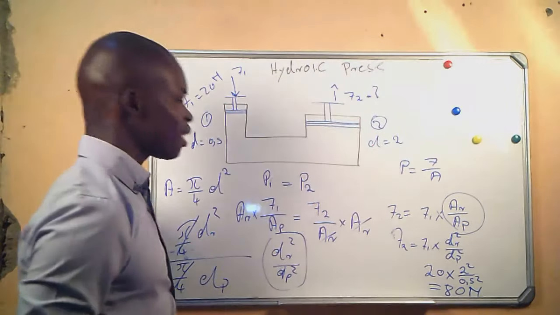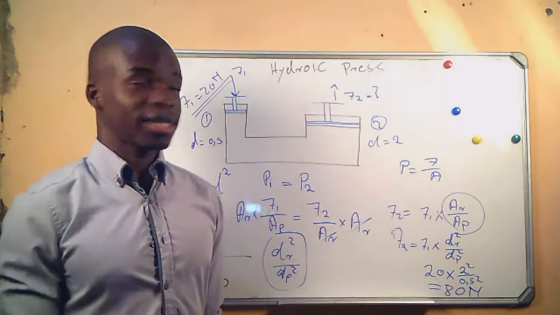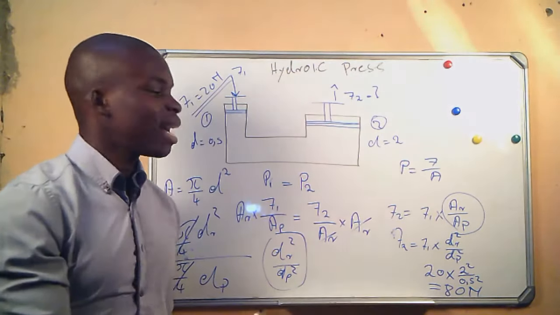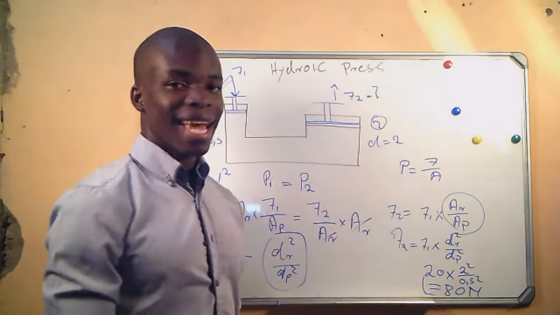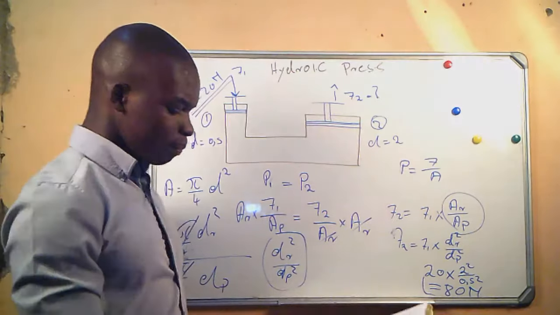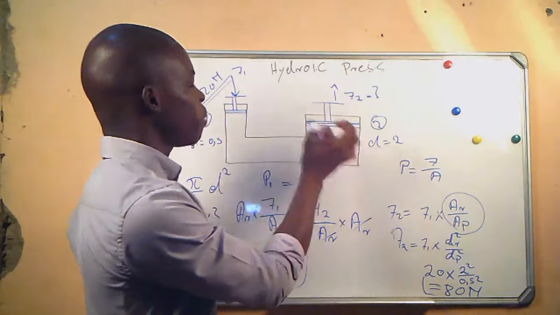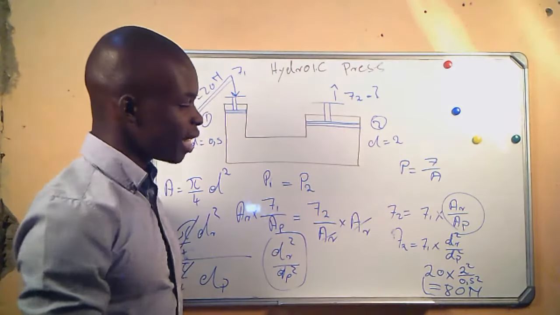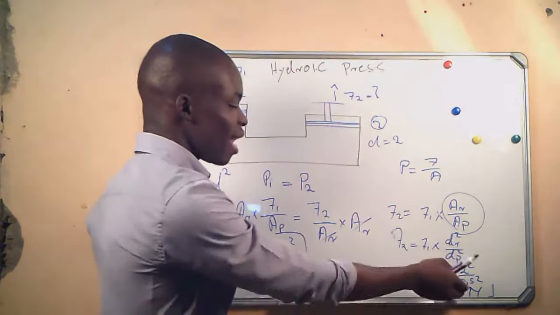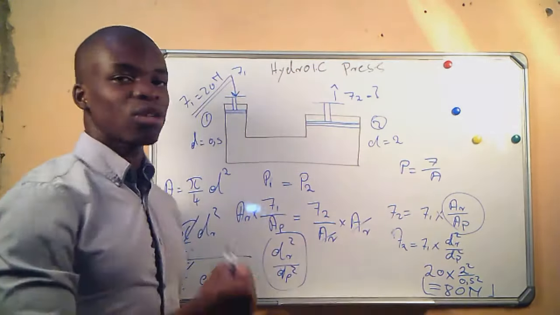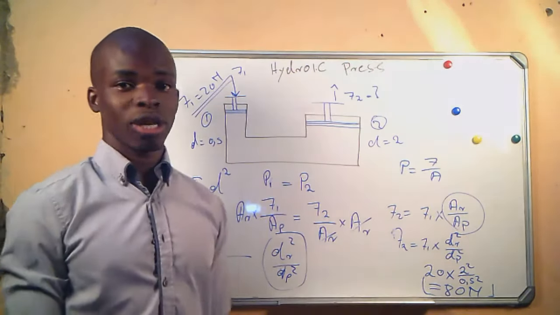Notice that our initial force, the force that we pushed the plunger with, is 20 newtons, but the force that we ended up with on the ram is 80 newtons. So the piston with the large area is associated with a large force compared to the force that we pushed the plunger with. That is the purpose of a hydraulic press.